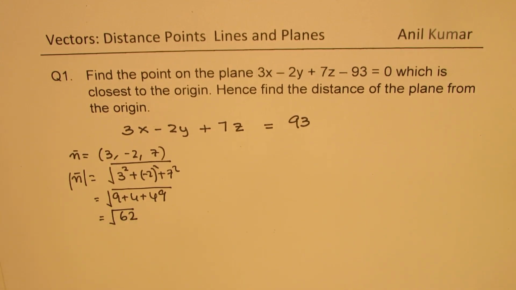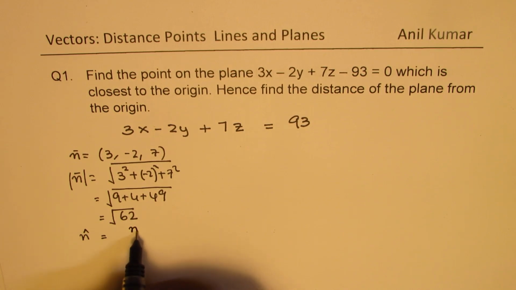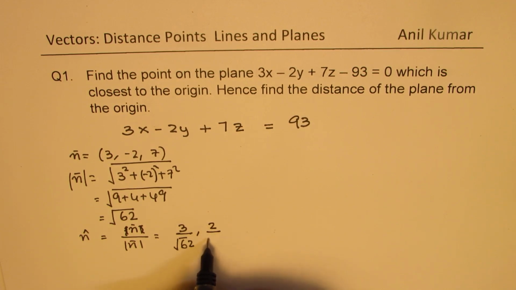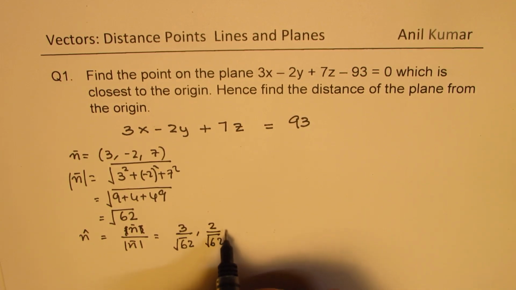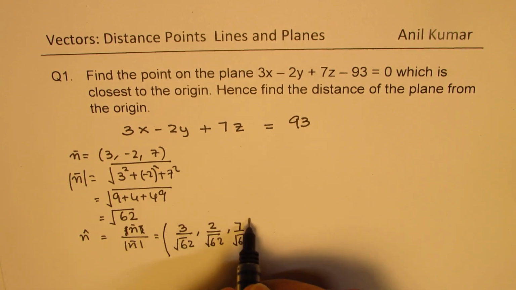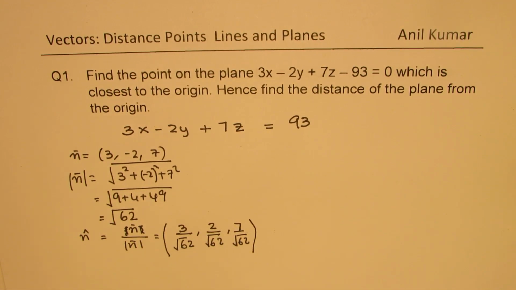Okay, so that is the magnitude, and therefore we have the unit normal vector as the vector itself divided by its magnitude, correct? So in this case it is 3 over square root of 62, minus 2 over square root of 62, and then 7 over square root of 62. So that is the unit normal vector.